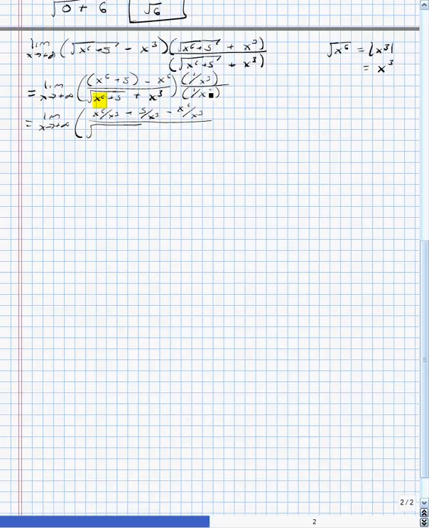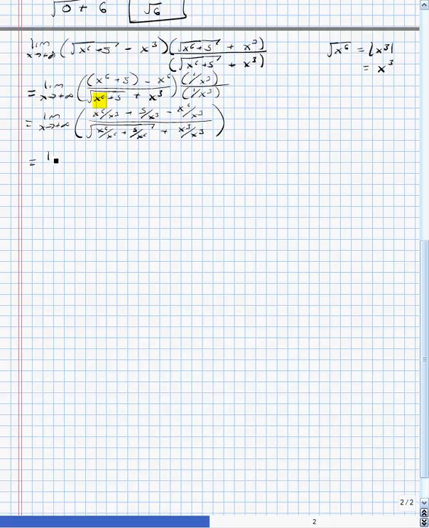Now remember to change x to the third to the square root of x to the sixth when we look inside of the square root, from x to the sixth over x to the sixth plus 5 over x to the sixth. Now we're outside the root again, so we have to remember to switch back to just x to the third over x to the third.